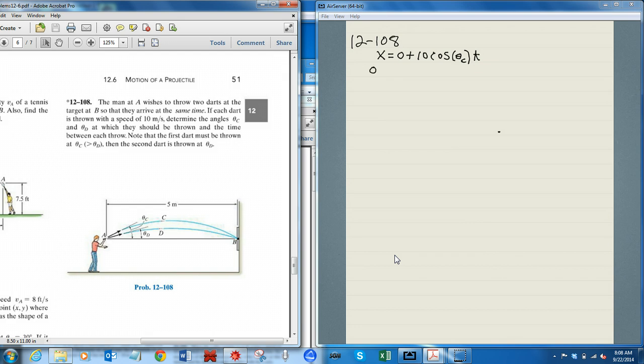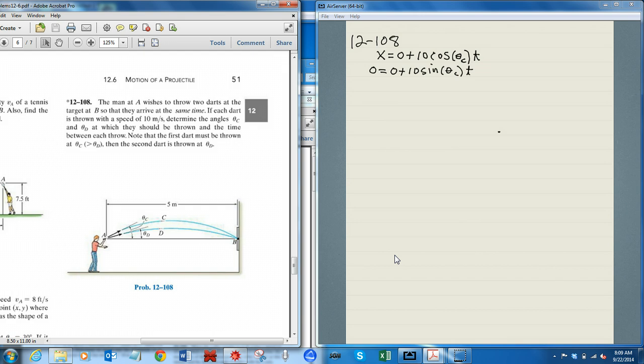So 0 equals what? What's the initial velocity? Is it positive or negative? Okay, so up is positive? Okay, so plus 10 sine theta c times t.